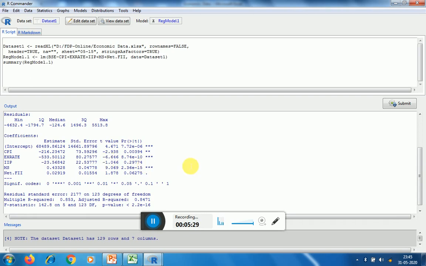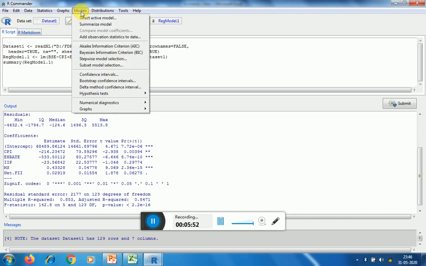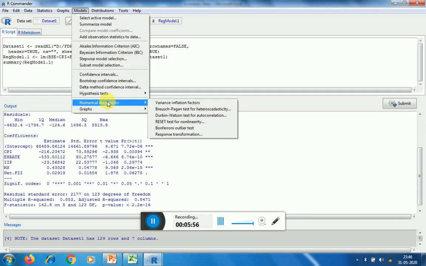Now the question is whether this model is accepted or not. As we discussed in the previous discussion, we must perform certain diagnostic tests. Even though we see that the goodness of fit criteria is fulfilled and R square is also good, still there are certain issues that may exist in the model, and we need to test them.